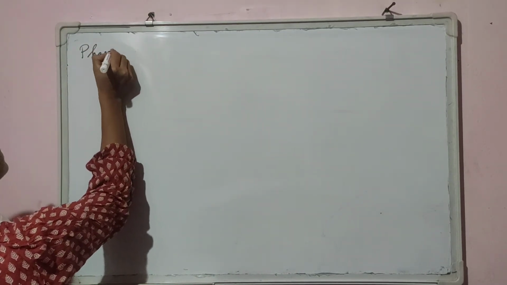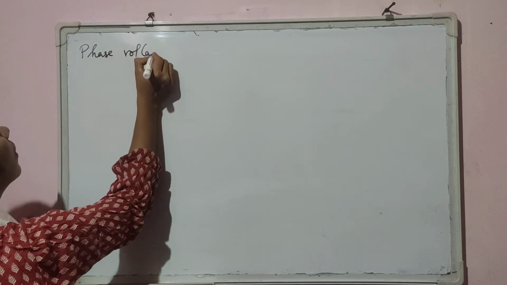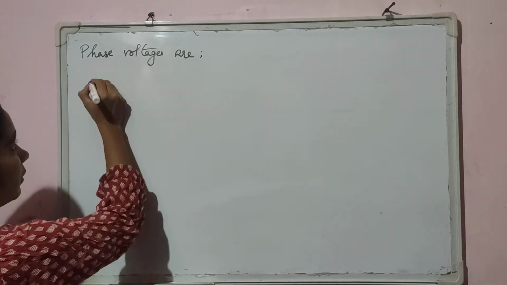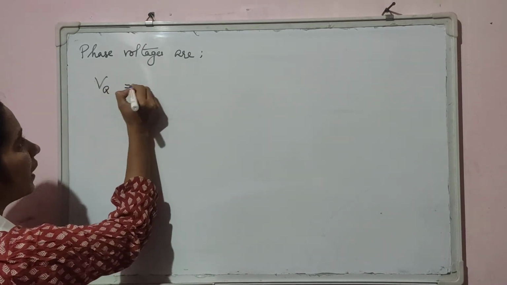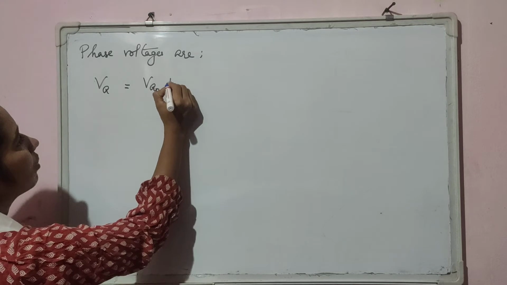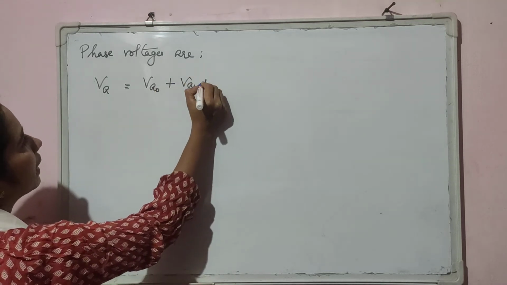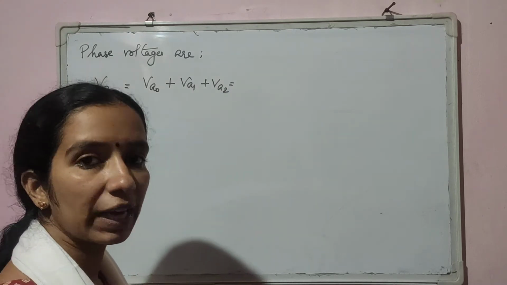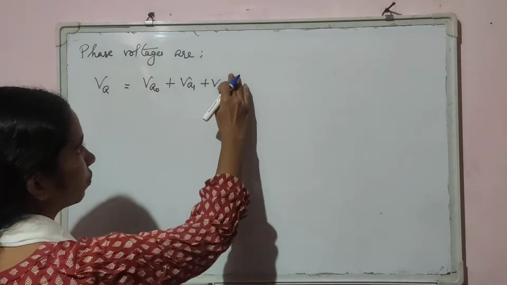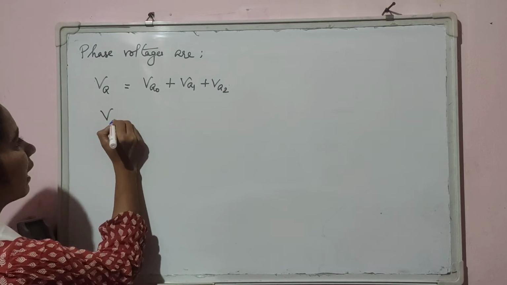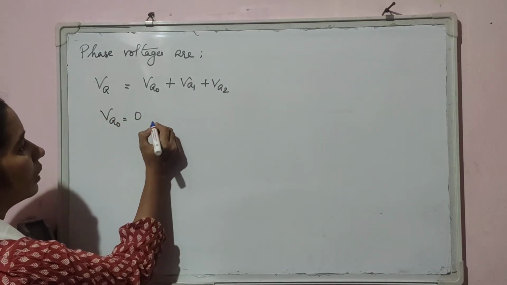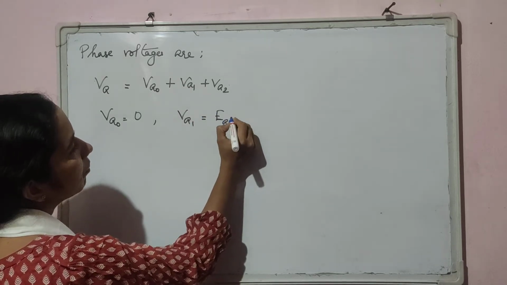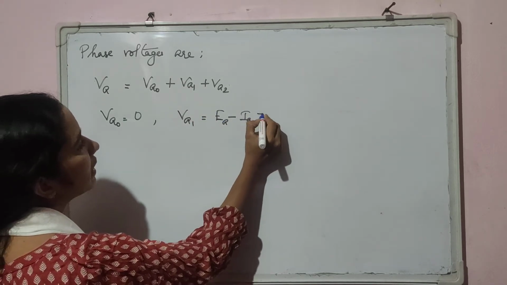So phase voltages are: first is VA, and we know that VA is equal to VA0 plus VA1 plus VA2. VA0 is 0. Now we have to calculate VA1 and VA2. Okay, let us write it here. We have VA0 equal to 0. Now calculate VA1, which is equal to EA minus IA1 into Z1.